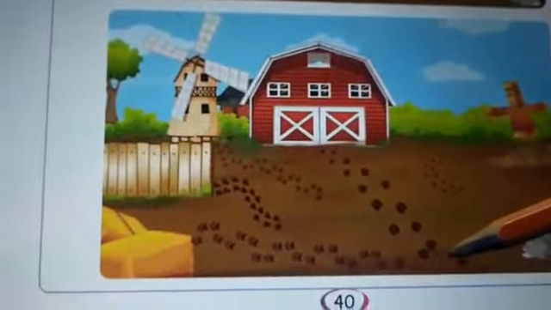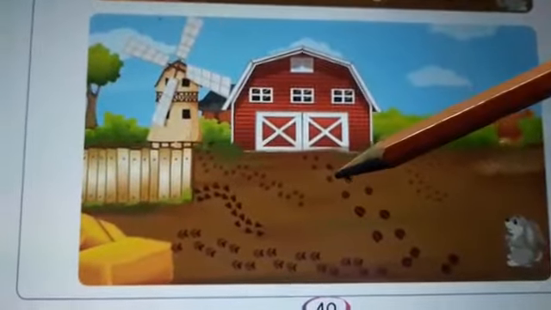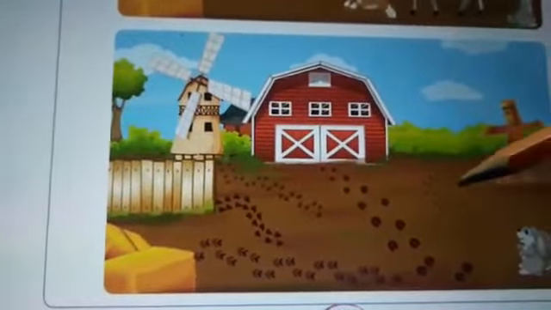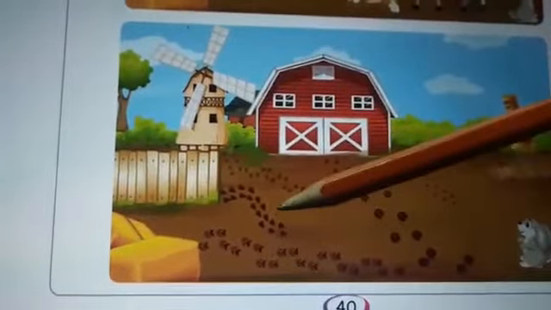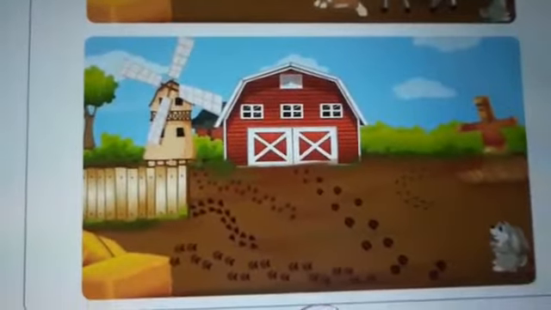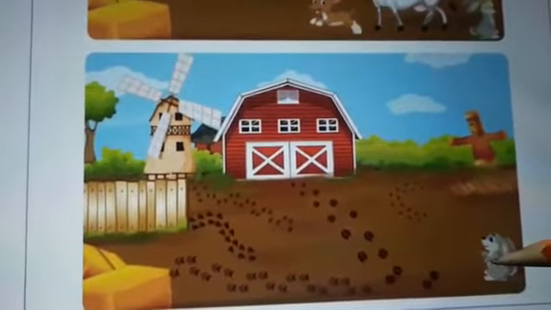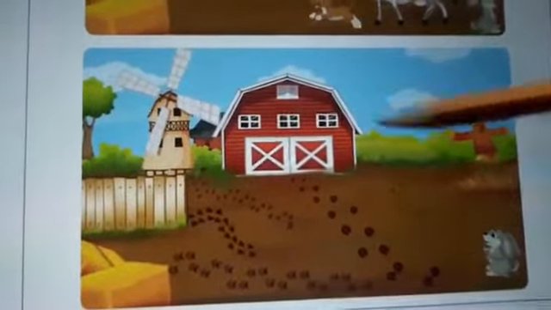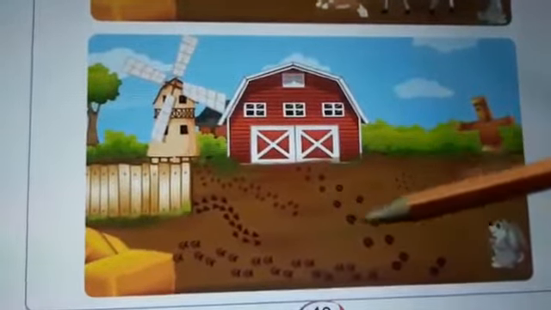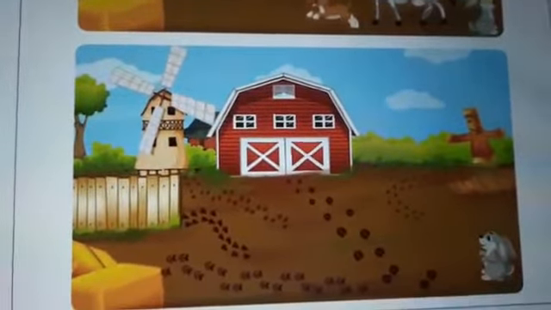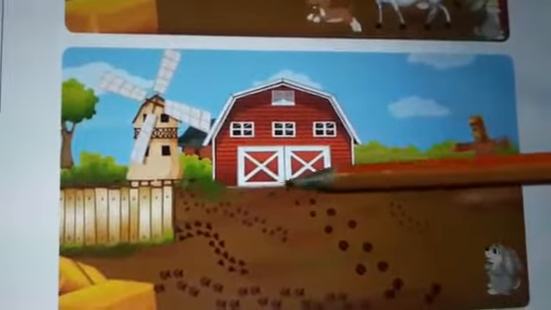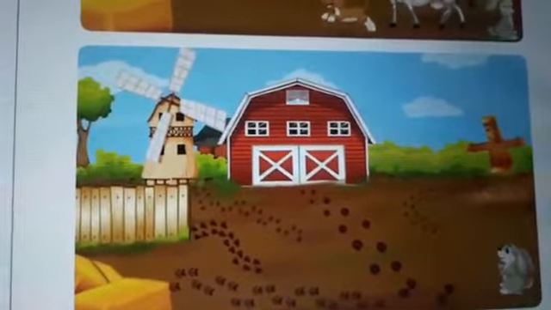See here, these are the cow's legs, this is the hen's and this is the duck's, and the cat's and dog's feet. Inba the rabbit can easily find his friends using the patterns of their legs. Okay, these are different patterns of animals' footsteps.